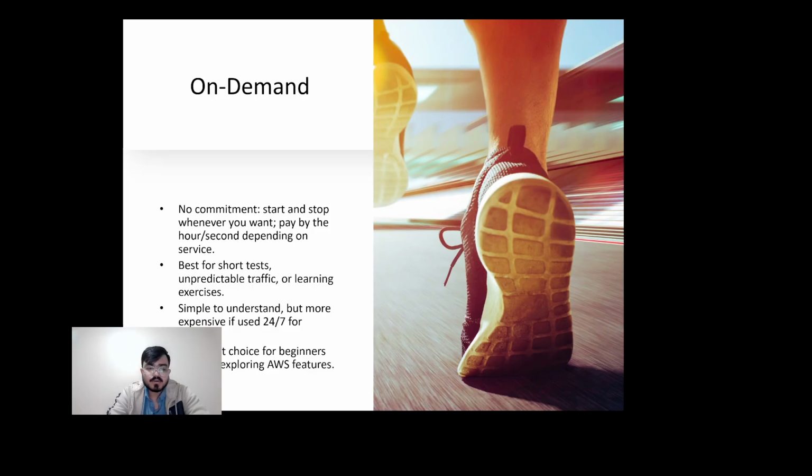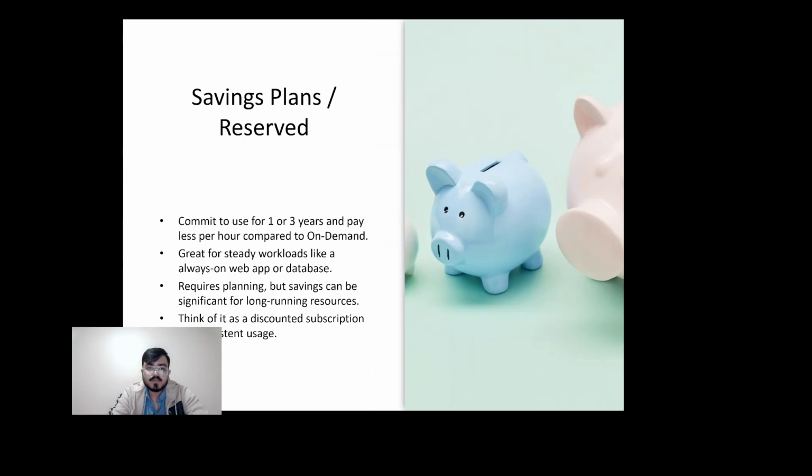It's like going to a restaurant and paying only for the meal you eat, not for the whole month. This is the most flexible option, but if you keep using it all the time, it becomes more expensive than other models.